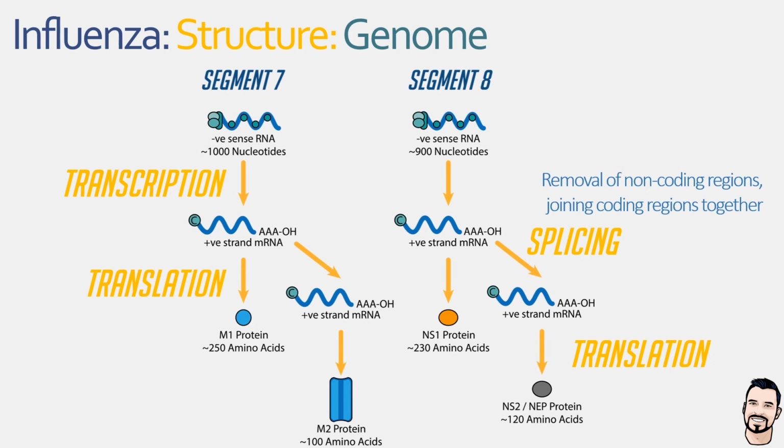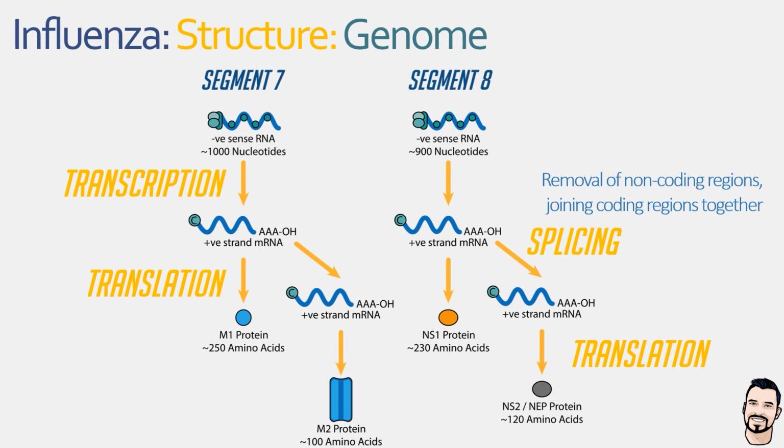That's all good and well, but as you can see, following the transcription of the viral RNA genome into the positive sense strand of messenger RNA, it can undergo a process known as splicing, which is where the non-coding regions are removed from the messenger RNA, allowing different coding sections to be joined together, which in turn allows for the production of new viral proteins, the M2 ion channel in the case of segment 7, and the non-structural protein 2 or nuclear export protein 2 for segment 8.